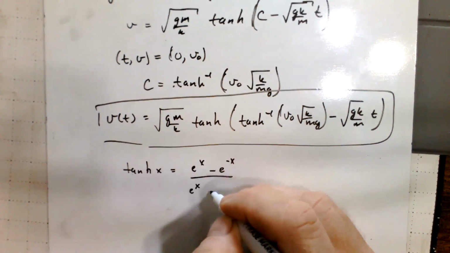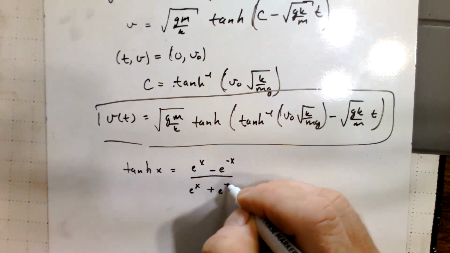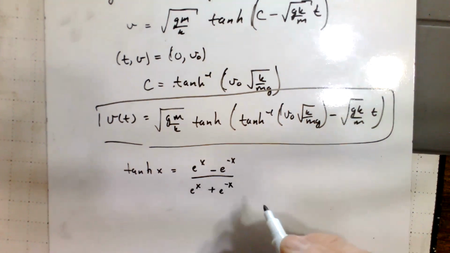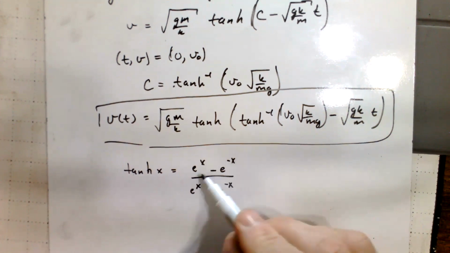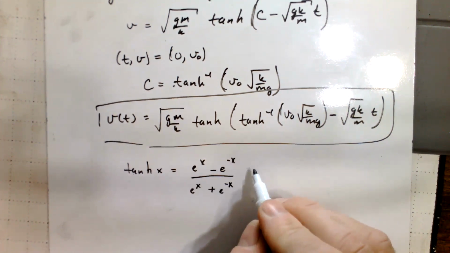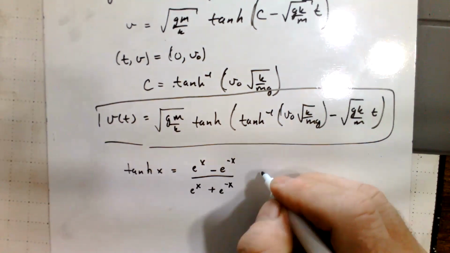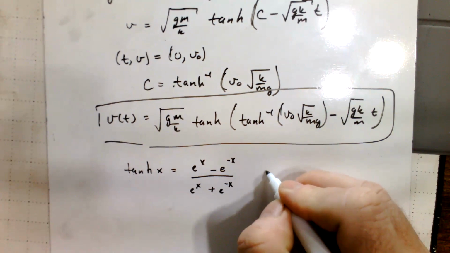They're both divided by 2, which is why the 2's cancel out. But notice that these are real exponentials instead of the imaginary ones that you would get with sine and cosine.